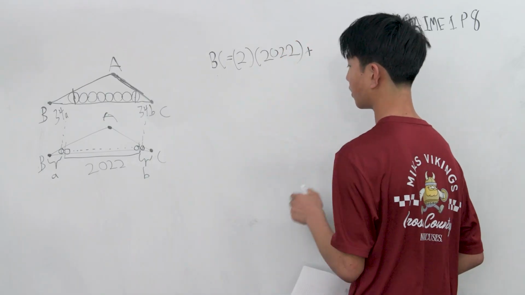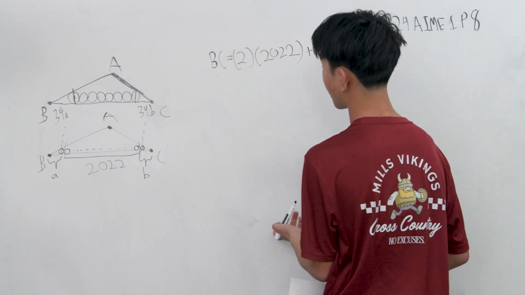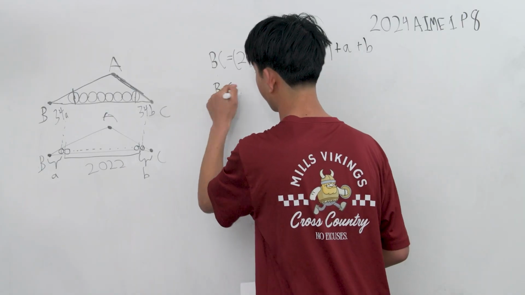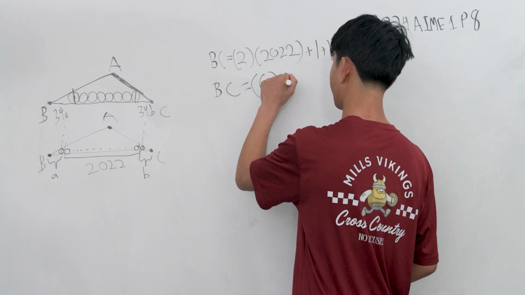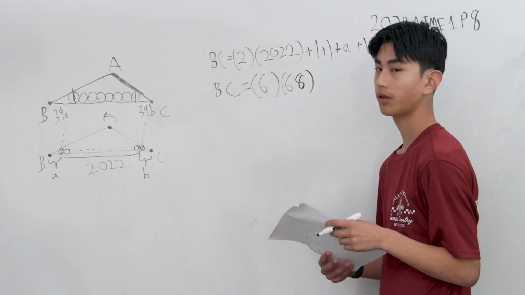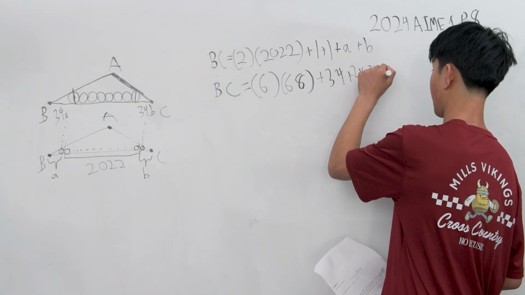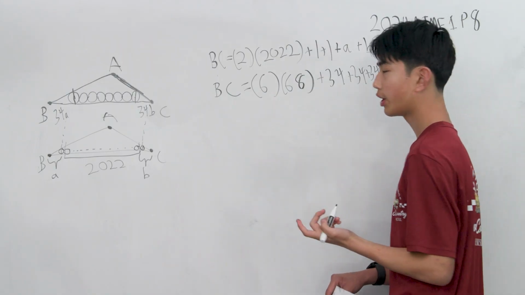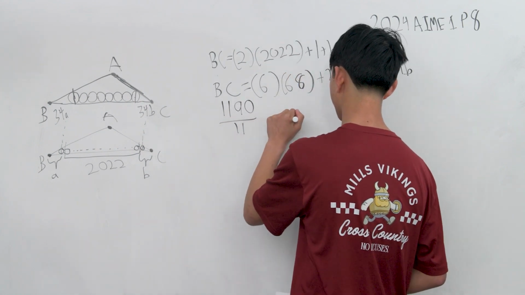And then you have to add these halves from the cut in half circles, and then you have to add the value a and b. Similarly, with this case here, we can do 6 times 68, because that's the diameter of the circle in that case, and then you add 34 plus 34 plus 34a plus 34b. Now, once you solve the system of equations, you get 1190 over 11 equals a plus b.